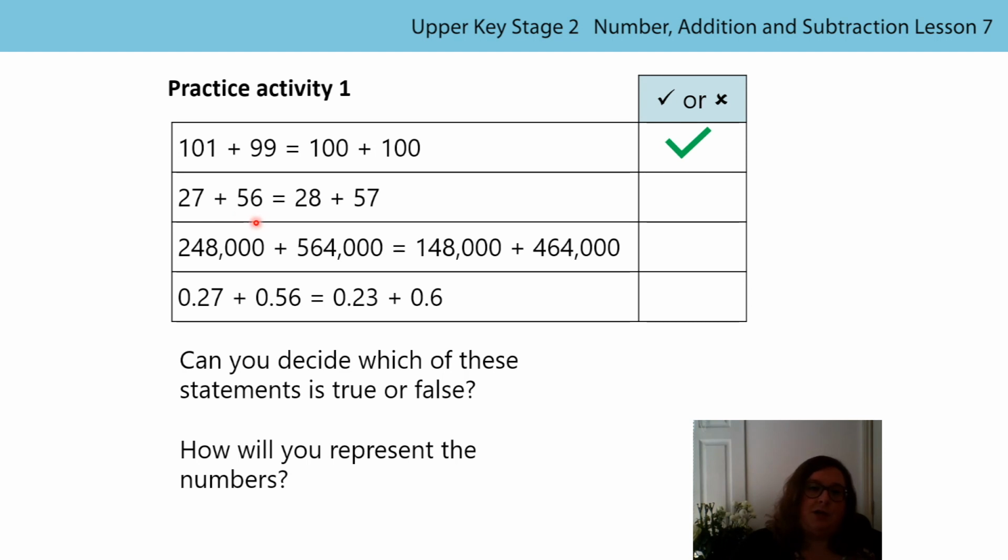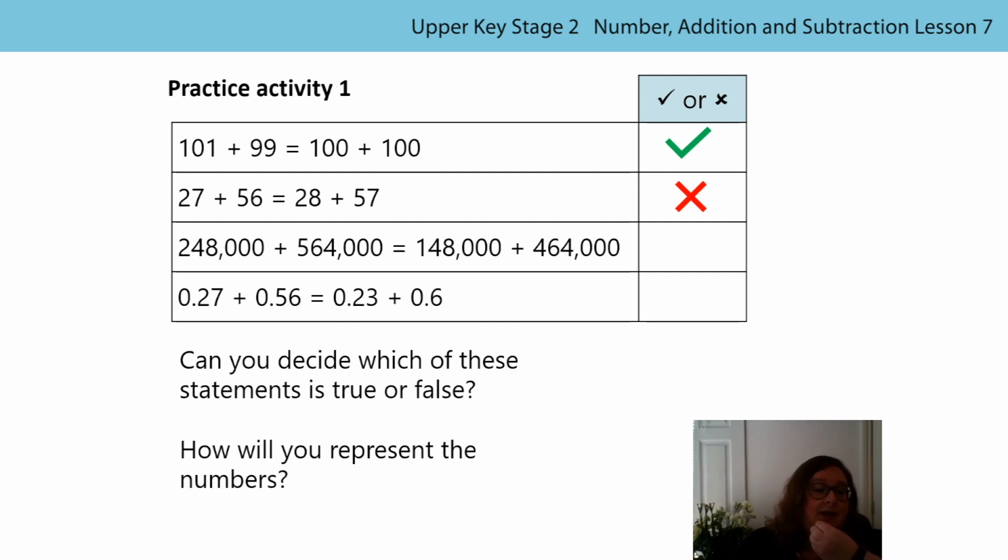So this should go 56 subtract 1 should be 55. Well, that's not 55, that's 57. Well, that can't be equal, can it? We'll have a little look in a bit more detail in a moment about this one, but we know that this one can't be right because we've added 1 to both addends rather than adding 1 and subtracting 1. So this one gets a cross.